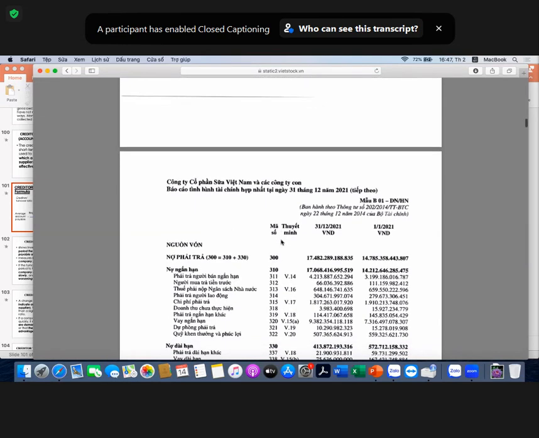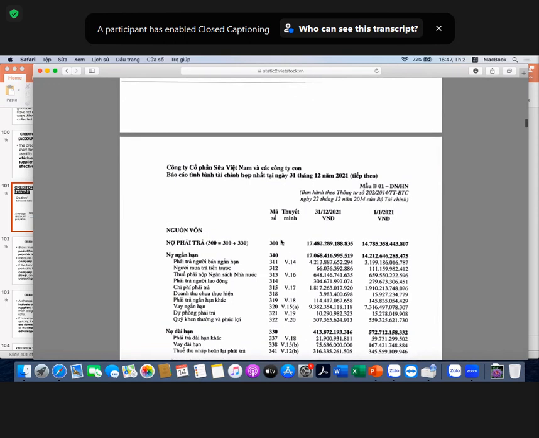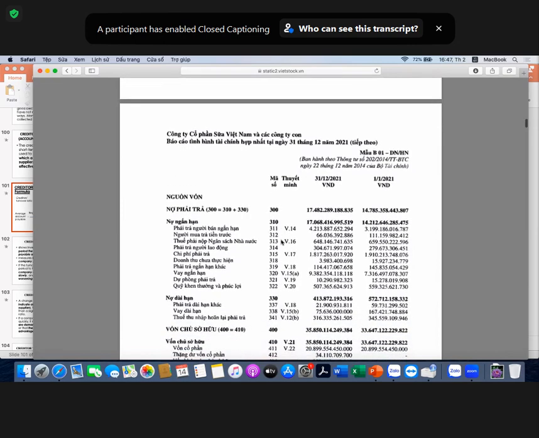So what is the creditor turnover of Vinamilk in 2021? Who can? Yes, the creditor turnover ratio of Vinamilk in 2021 is 2.336.